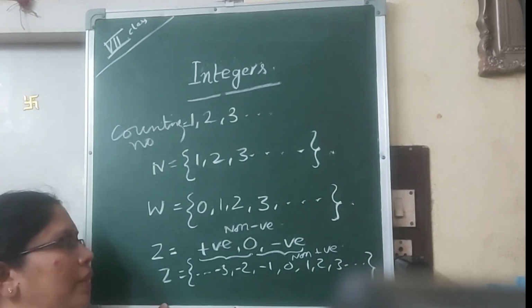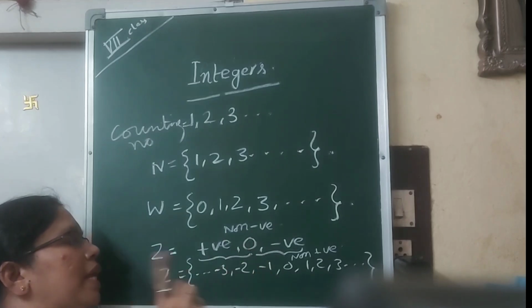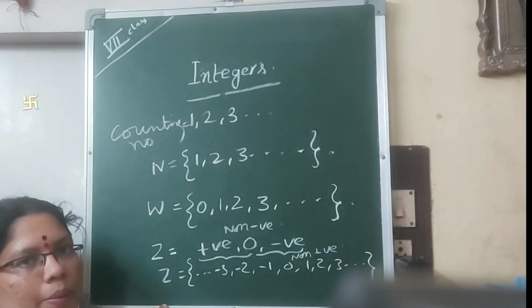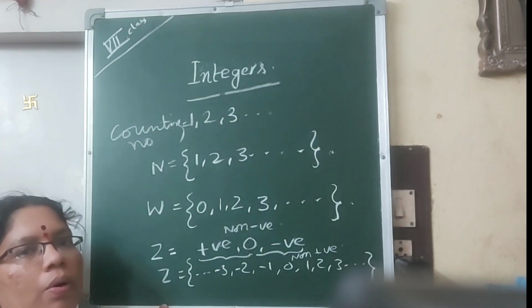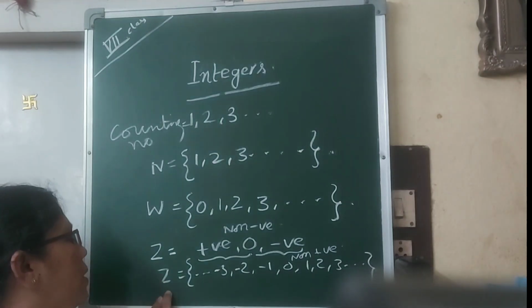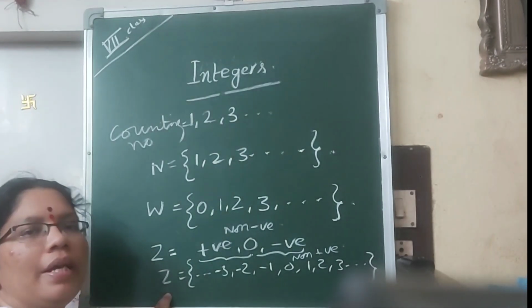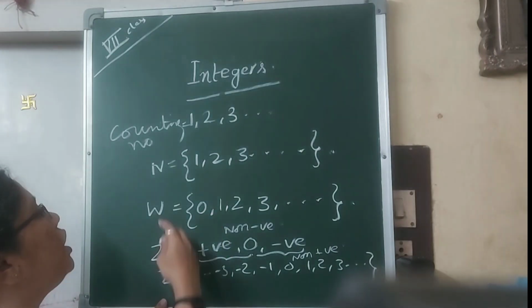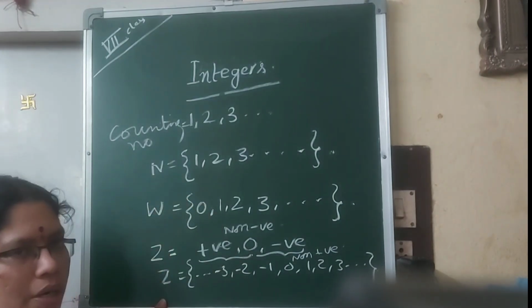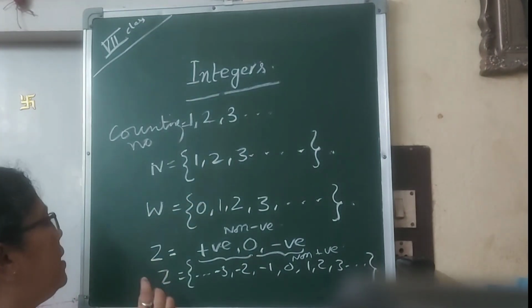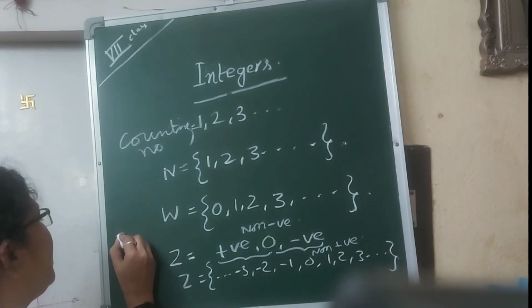Here you should remember one thing: 0 is neither positive nor negative. So, this is the situation where we require a number set beyond natural numbers and whole numbers, that is, integers. Where do we require integers?